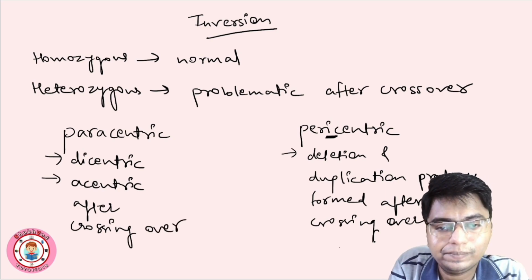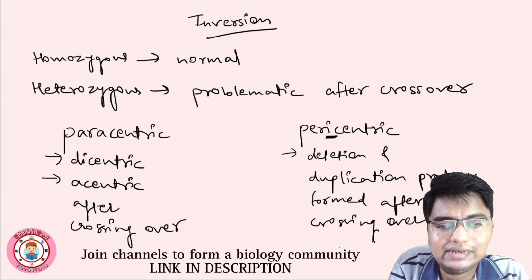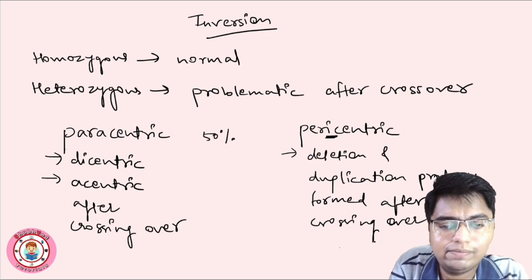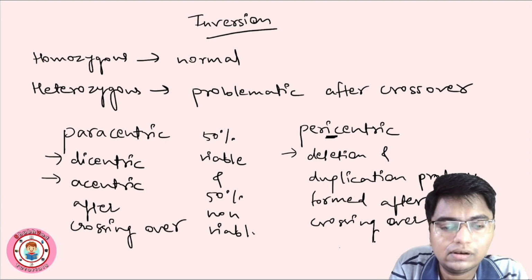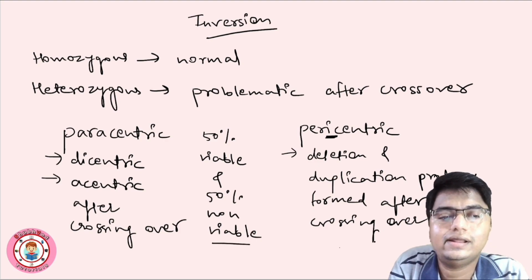Okay. How are the gametes? Basically after crossing over, 50% viable and 50% non-viable. Right? So this is how you can remember the inversion shortly.